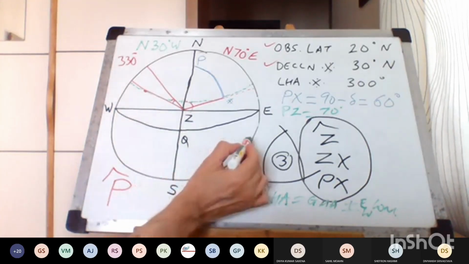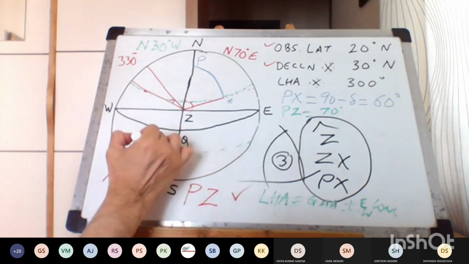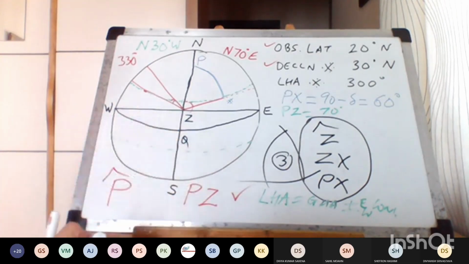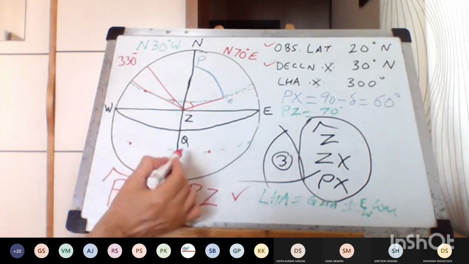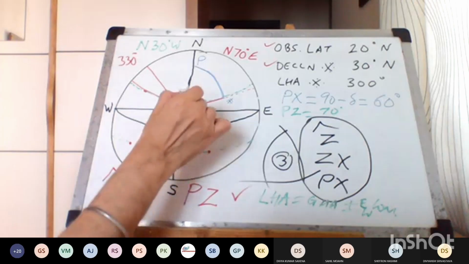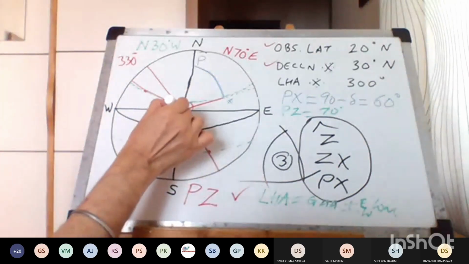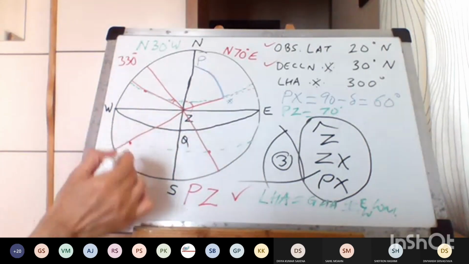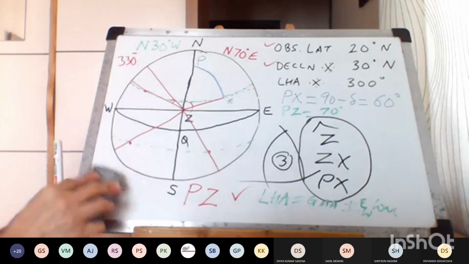Similarly, if there is a body with a southerly declination, and there is a body here and a body there, how will I write the azimuth of these bodies?